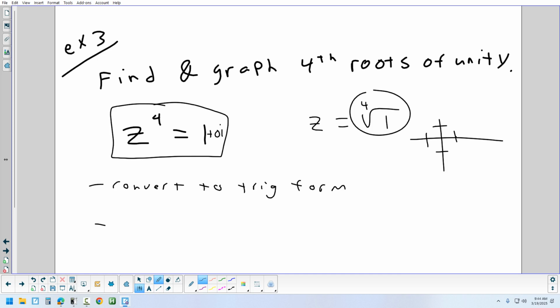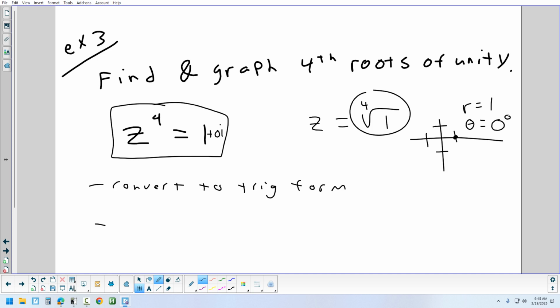Yeah, it's 1 on the x-axis. What is your radius? Right there. 1. Okay, that's an easier one. And for your angle, you don't need to use inverse tangent because you're right on the axis. What's your angle in that case? 0. If you were not on the axis, you'd have to use inverse tangent and Pythagorean theorem to figure out your radius and your angle.